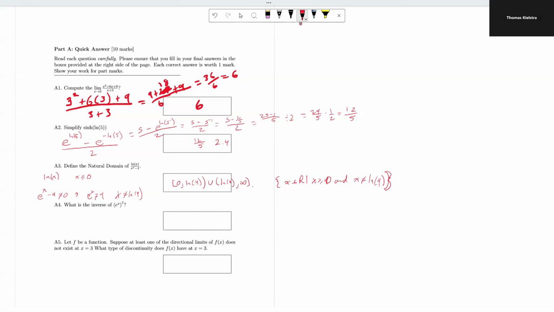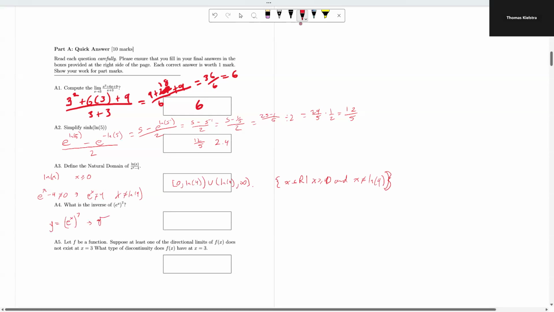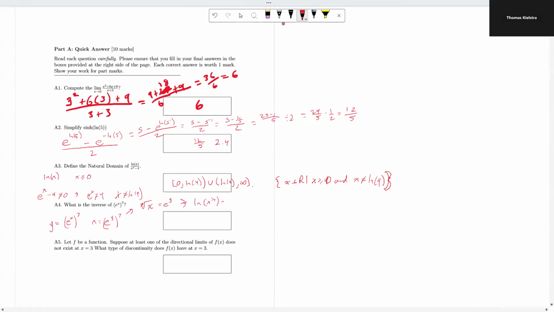Now, computing the inverse of this expression, y equals e to the x to the 7, implies that the 7th root of y... if we switch our x's and our y's, we get x equals e to the y to the 7th, which implies that the 7th root of x equals e to the y, which implies that ln of x to the 1 over 7 equals y, which implies that y equals 1/7 ln of x.